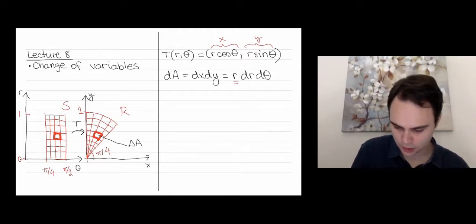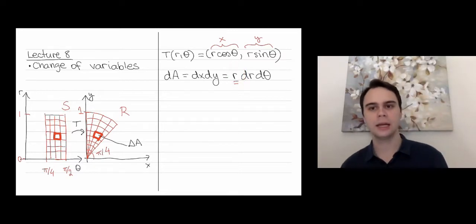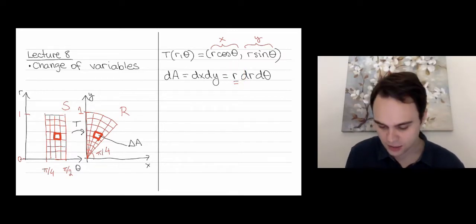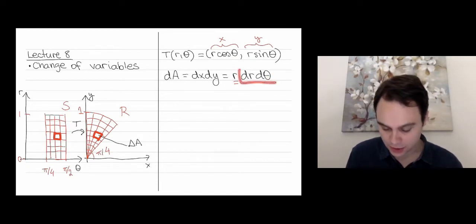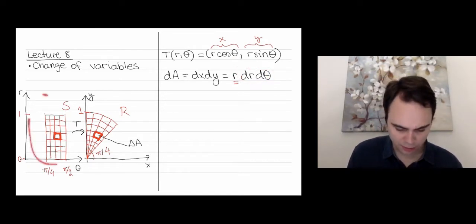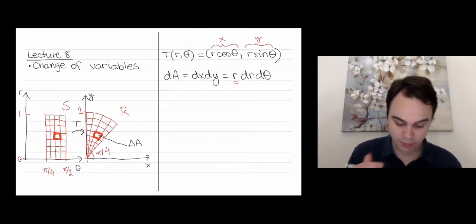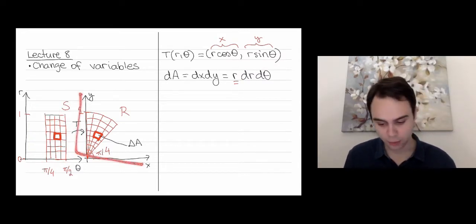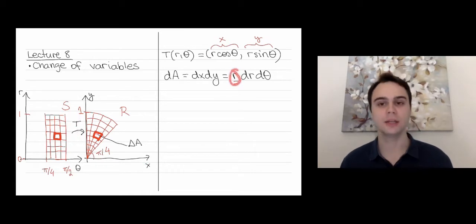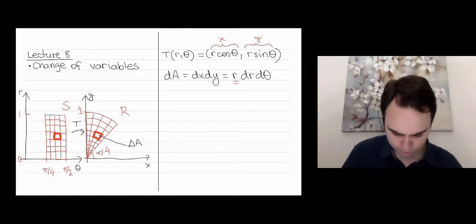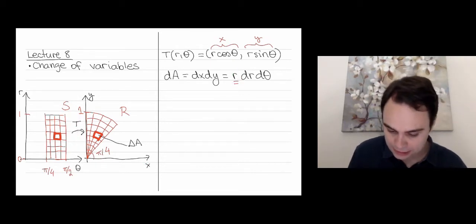The key thing is that you have to multiply. So dA is r times dr d theta, not just dr times d theta, because dr times d theta represents area in the r theta plane, and not area in the xy plane. But if we multiply that by r, we get area in the xy plane. Okay.